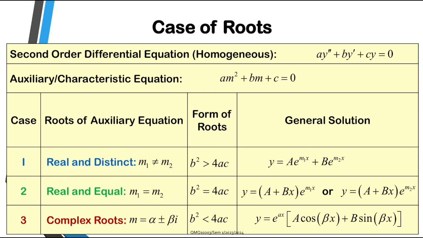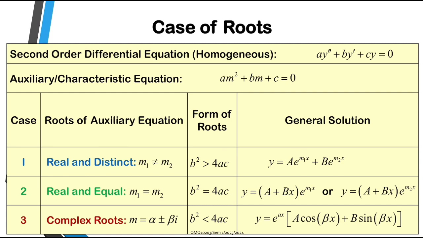That means you have different values m1 and m2, because this is a quadratic equation and of course you will get 2 values of m. The first one is m1, the second one is m2. So case 1 is when m1 is not equal to m2, meaning you have 2 different values of m and both are real numbers.